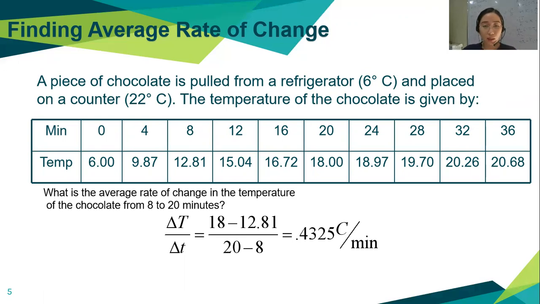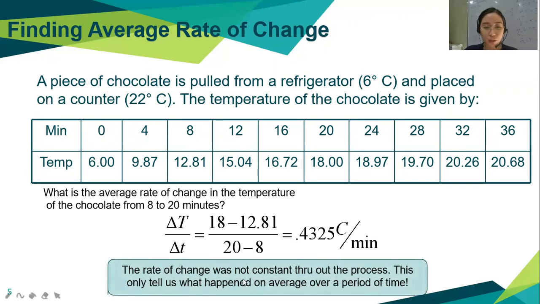So, 18 degrees centigrade minus 12.81 degrees centigrade over the change in time, which is 20 minus 8. Therefore, we have 0.4325 degrees centigrade per minute. That is the rate of change of your chocolate, the rate of change according to time.